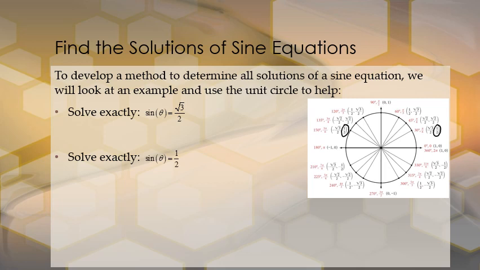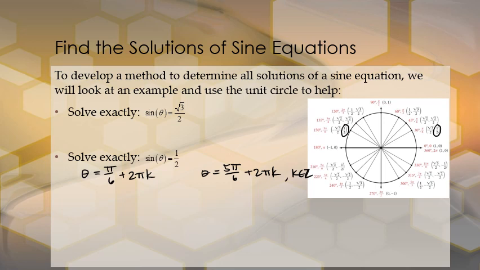There's no limitation for my angle, so I'm going to say that theta is equal to pi over 6, and I'm not going to forget about the plus 2 pi k, and I'm also going to say that theta is 5 pi over 6 plus 2 pi k, where k is an integer.